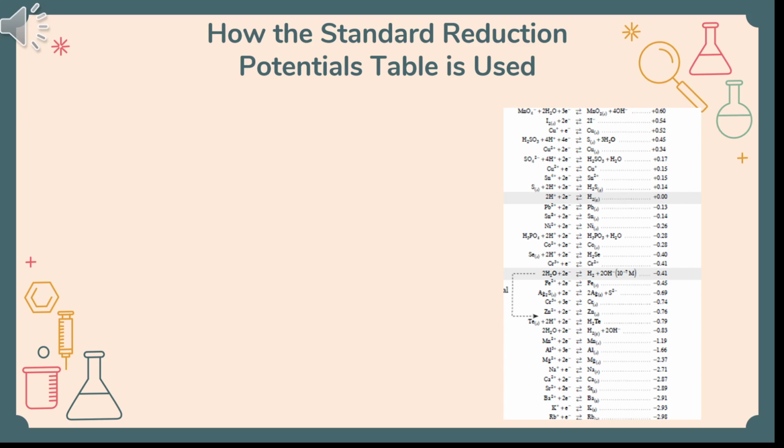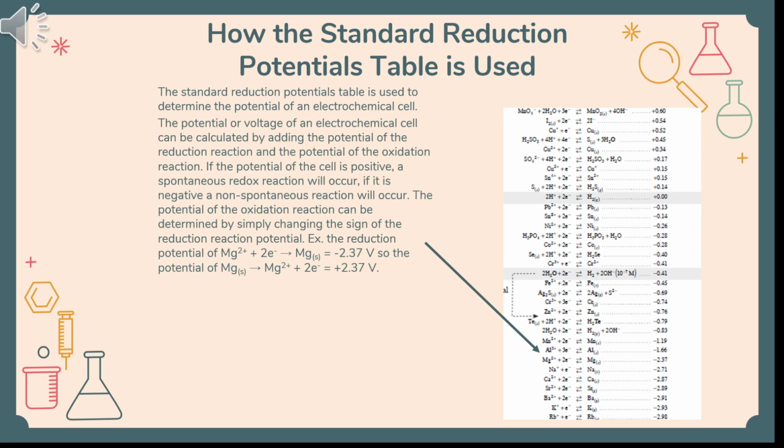The standard reduction potentials table can also be used to determine the potential of an electrochemical cell. The potential of an electrochemical cell can be calculated by adding the potential of the reduction reaction and the potential of the oxidation reaction. If the potential of the cell is positive, a spontaneous redox reaction will occur, and if it is negative, a non-spontaneous redox reaction will occur.